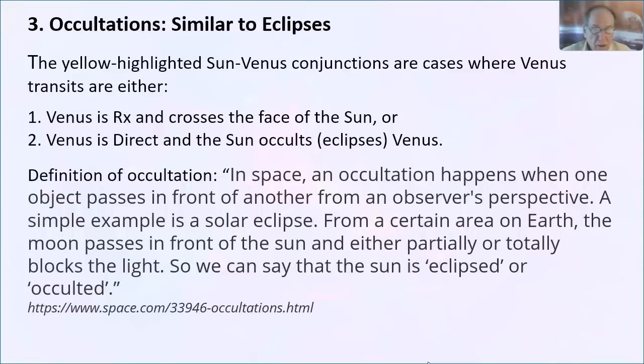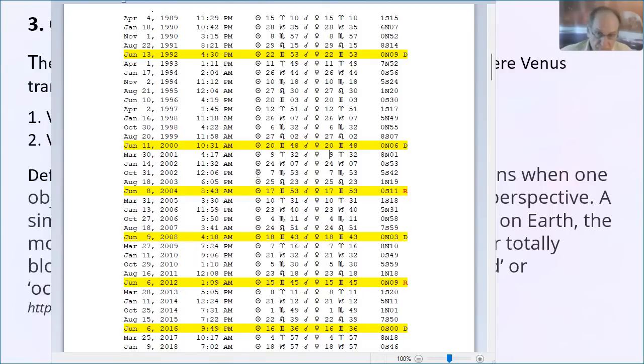Occultation comes from occult, which means hidden. So it's something hiding something else or getting in front of it. Now, from the point of view of astrologers, these yellow star points might be more powerful than other ones, just like eclipses are more powerful than other new moons and full moons.